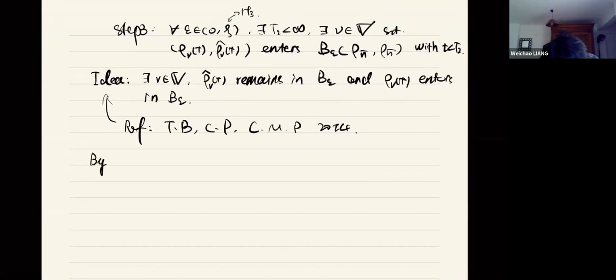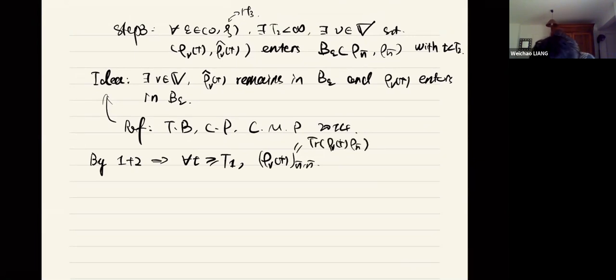By step 1 and step 2, for all T larger than T1, the trace of rho v T, the rho n-bar, is strictly positive, and the hat version is also strictly positive.